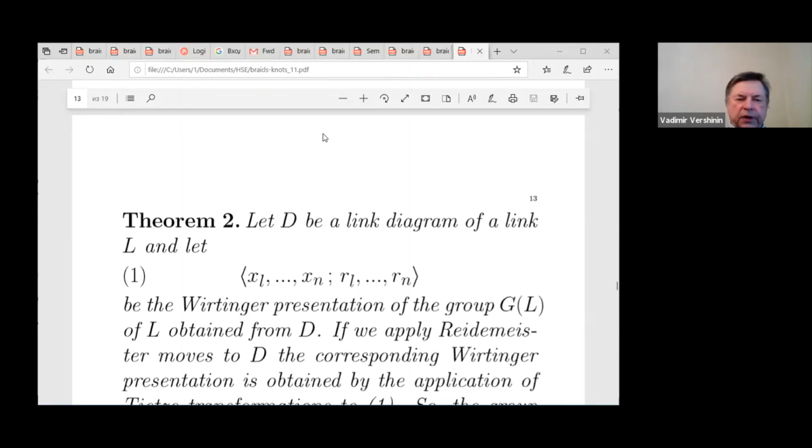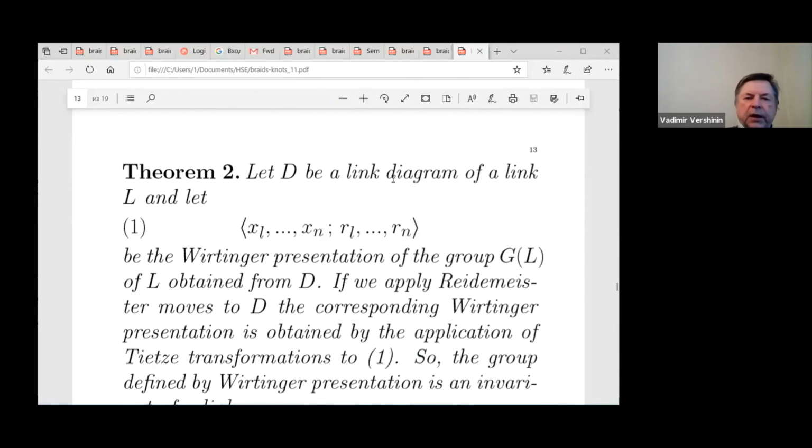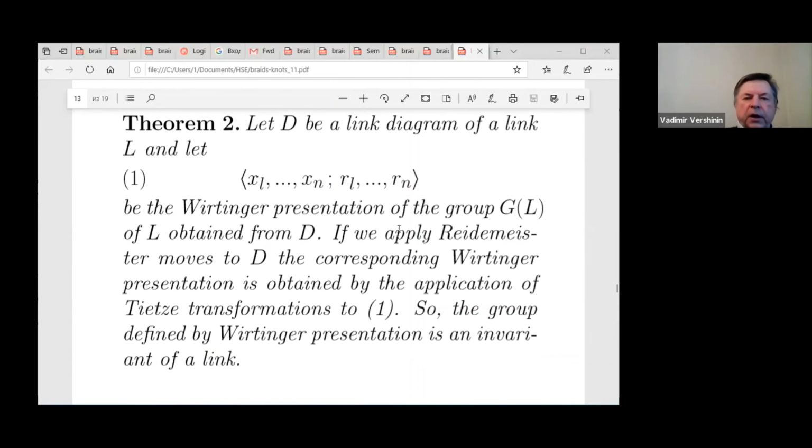So I'll give the combinatorial proof by pictures. The real proof, actually also a sketch, because we don't have much time. But this will be absolutely strict. So let D be a link diagram of the link L, and let there be the Wirtinger presentation of the group.